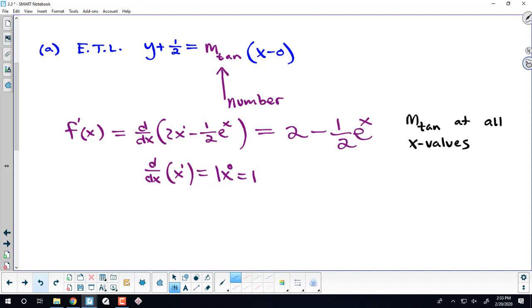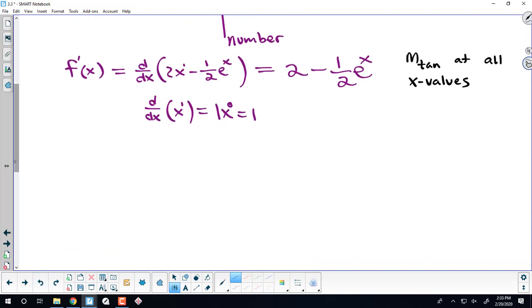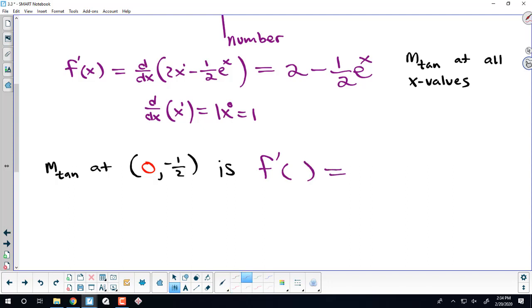But we want the slope of the tangent line specifically at that one point. The slope of the tangent line at the point (0, negative 1/2) is f prime of 0. We're plugging in a 0 to our derivative, which is 2 minus 1/2 e to the 0.